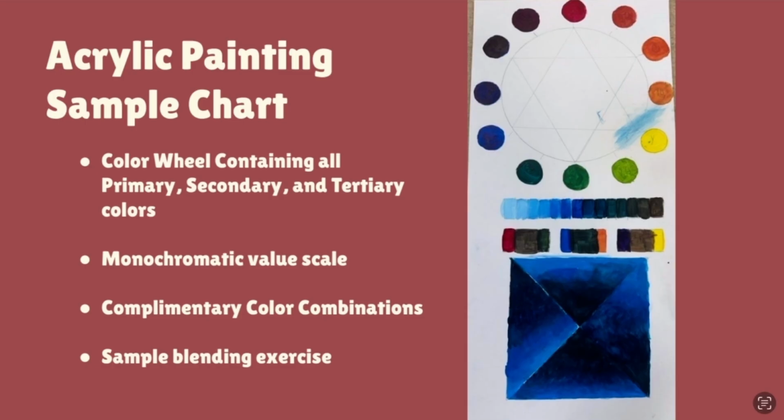Now we will show you how to do an acrylic painting sample tray. A color wheel containing all primary, secondary, and tertiary colors. A monochromatic value scale. Complementary color combinations, and a simple blending exercise.